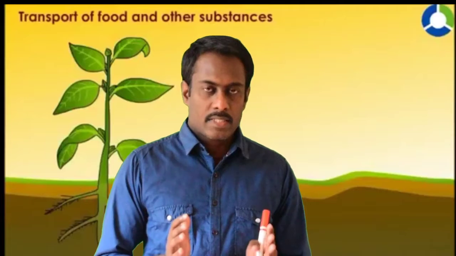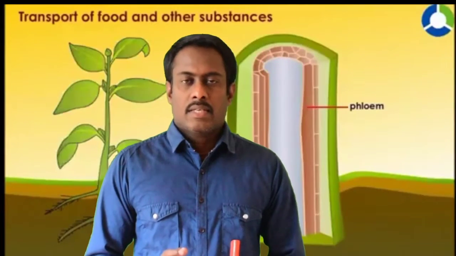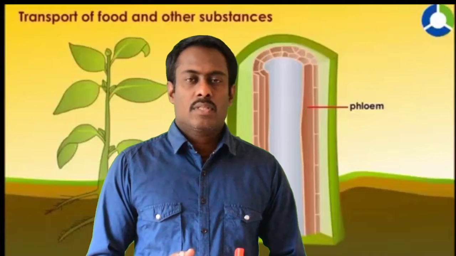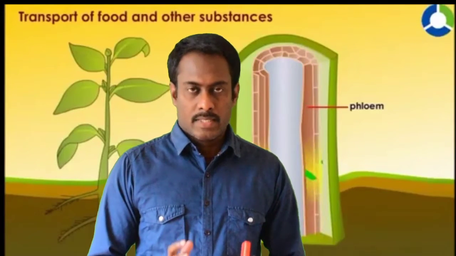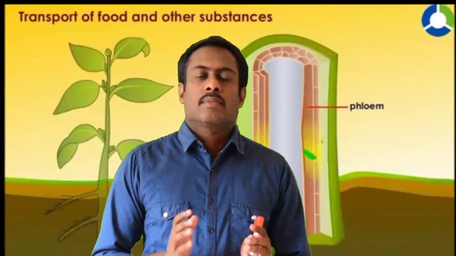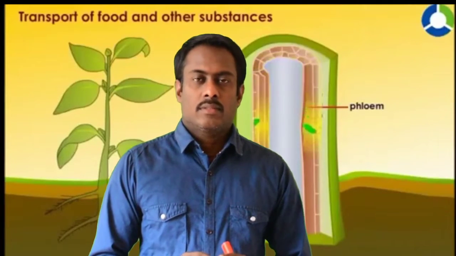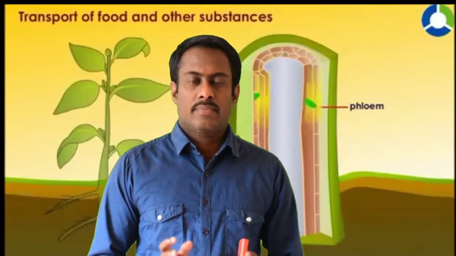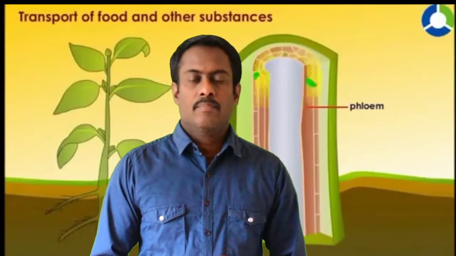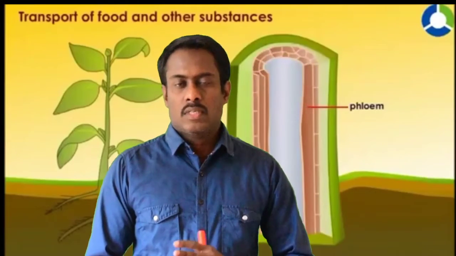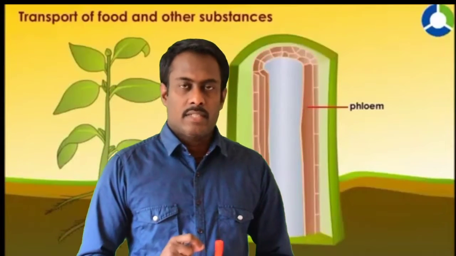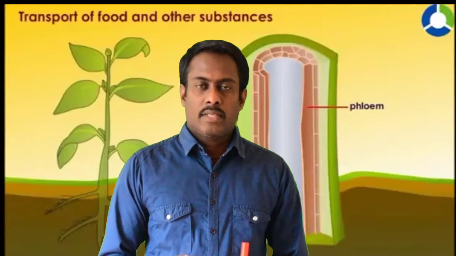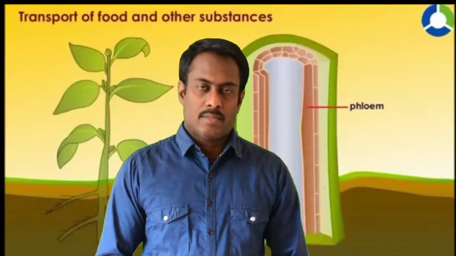Two types of materials are transferred in plants: the minerals and other essential components from the soil to the parts of the plant, and the energy stored, which is synthesized after the process of photosynthesis and then carried to the various parts of the body. These two transportations are carried out by two different systems.